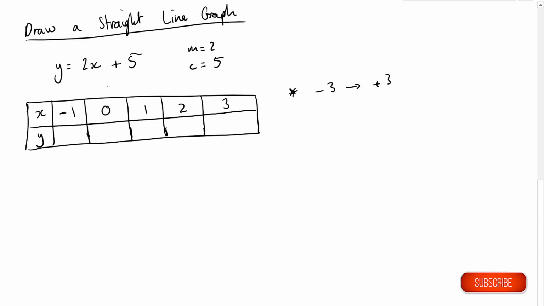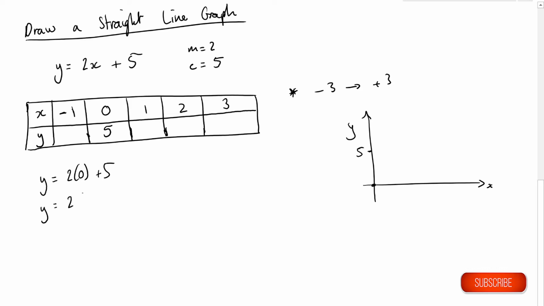So if we start with 0, if we say y is equal to 2 times 0 plus 5, 2 times 0 gives you 0, and so y is just going to be equal to 5, which makes sense because this is our y-intercept. So we're saying that when the value of x is 0, i.e. we're traveling along the y-axis, a value of y must be 5. So this one we can kind of instantaneously know just by knowing the equation.